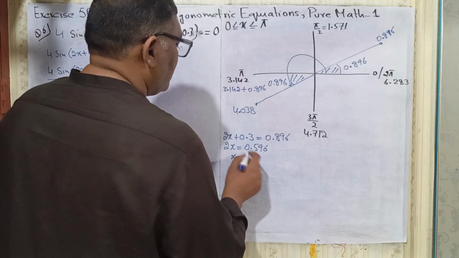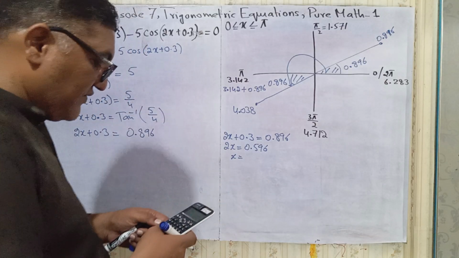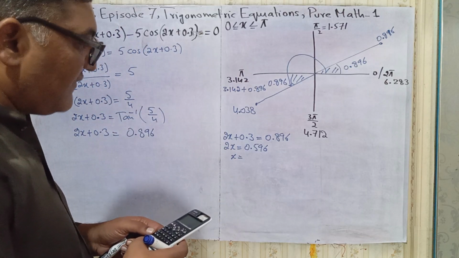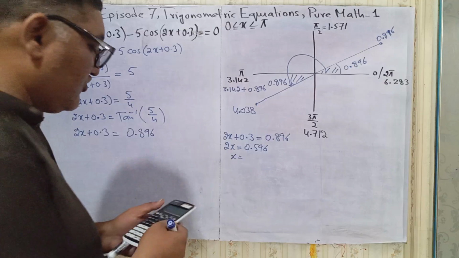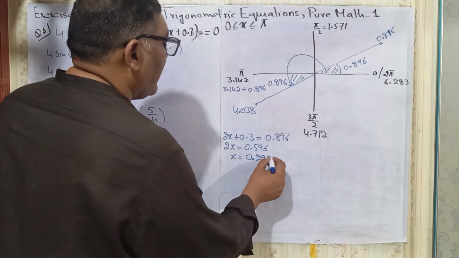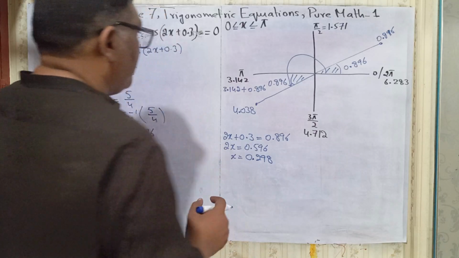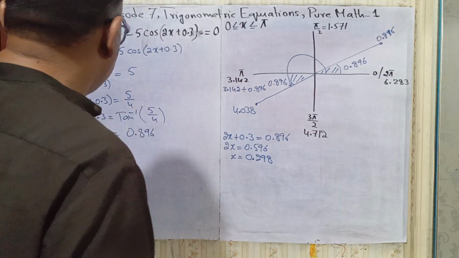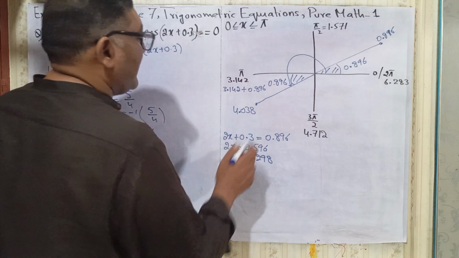So x will be equal to 0.596 divided by 2, and that is 0.298 radians.